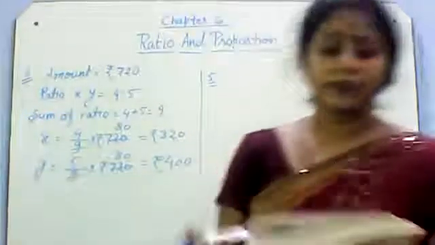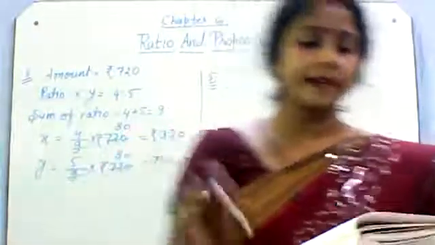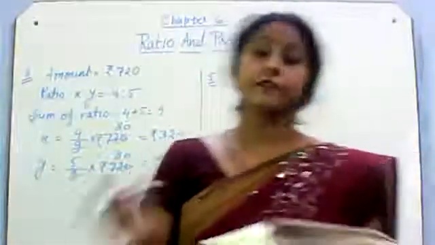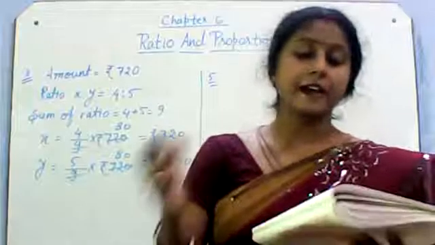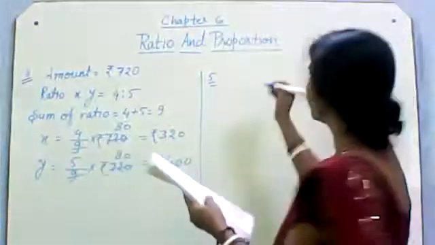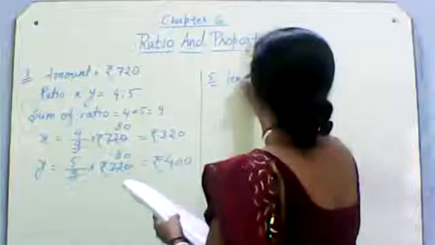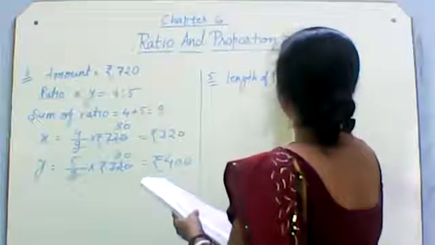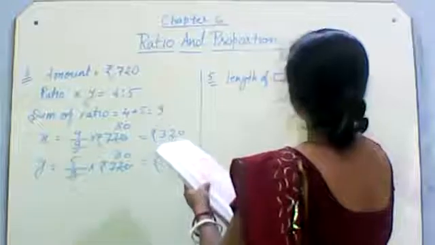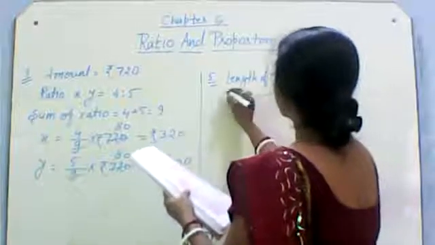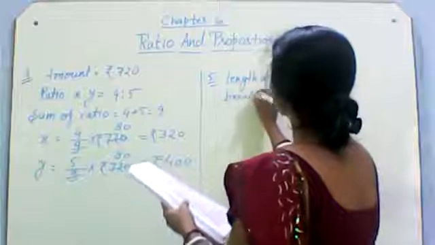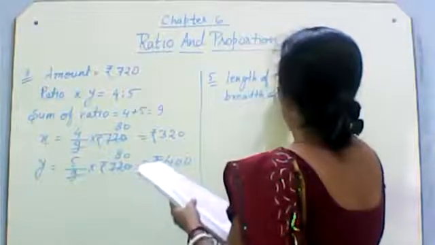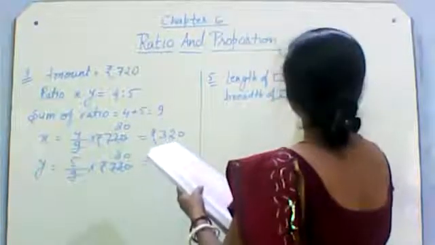A rectangular field is 100 meter by 80 meter. Find the ratio of length to width and width to its perimeter. So first of all, you write length of a rectangle is equal to 100 meter, and width of rectangle equal to 80 meter.